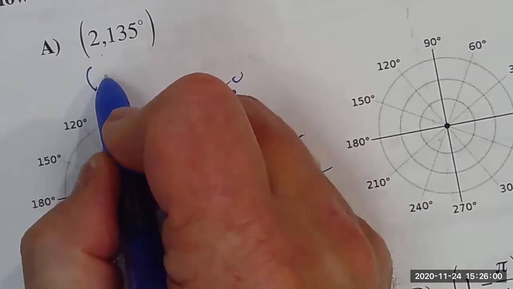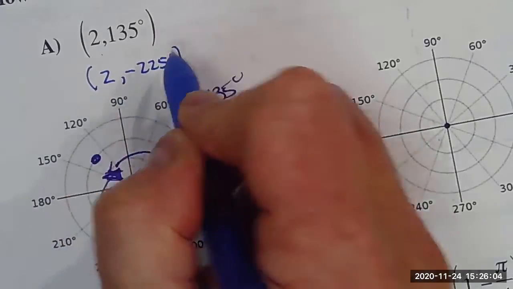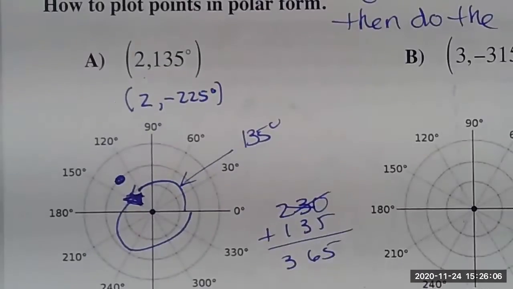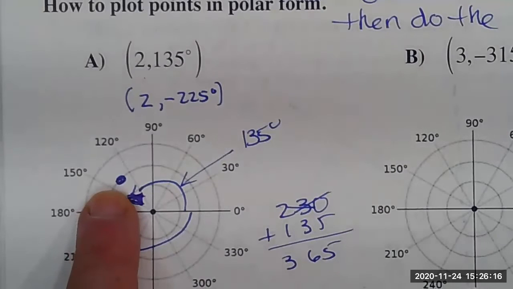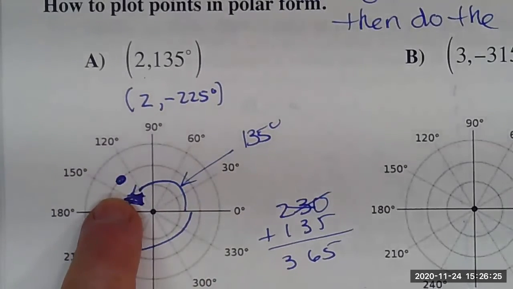So that ordered pair, polar form ordered pair, 2, negative 225, lands you at the same place. Meaning there's infinitely many ordered pairs that will get you right there.